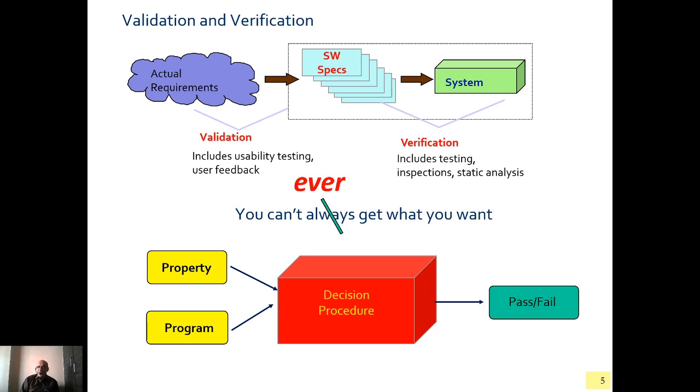These are required to be submitted to the decision procedure, that is to pass or to fail. So if the program passes, then only it can be acceptable. If it fails, then naturally countermeasures are required to be taken.